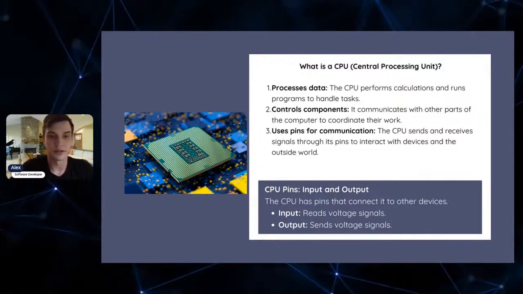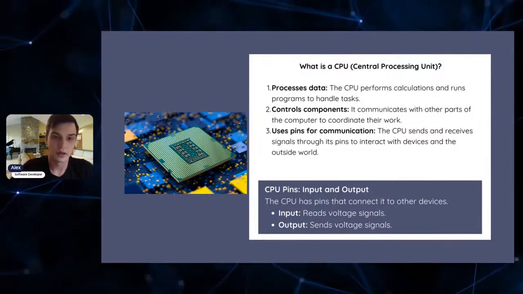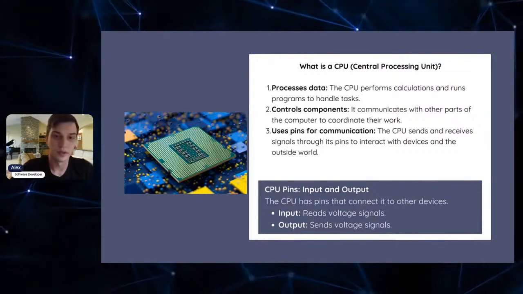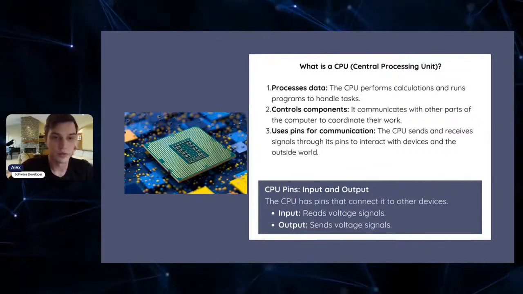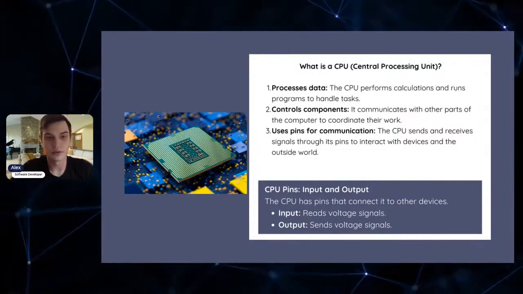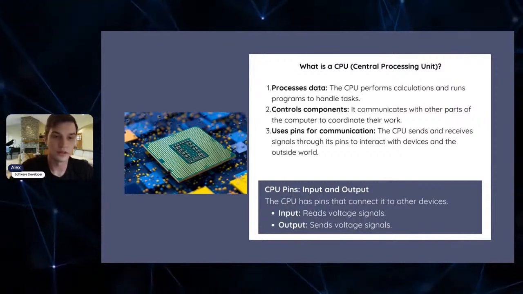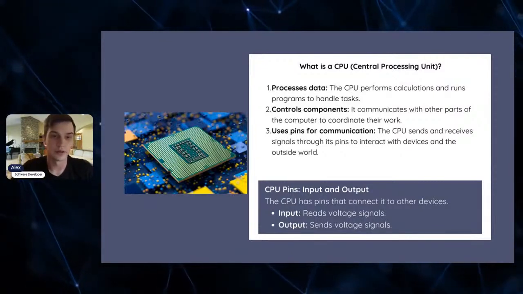That's how it can send some data to the one who is connected to this pin. And actually, there are other modes for the processor to work. It's like input, so it can look at its pin and understand whether there is any electricity or there is nothing.